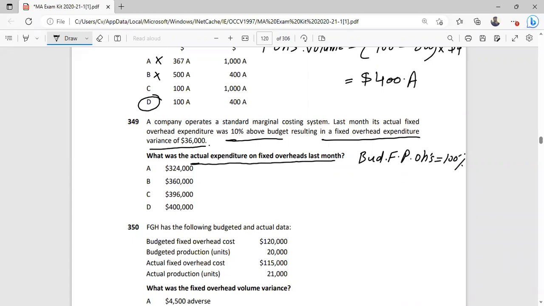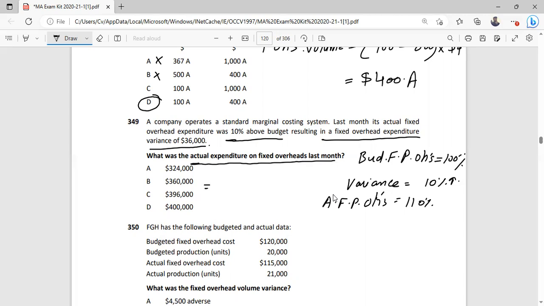He is saying that there is a variance of 10%. Actual overheads are 10% greater. So variance is 10% higher. It means actual fixed production overheads are 110%. And we are required to calculate the actual expenditure.